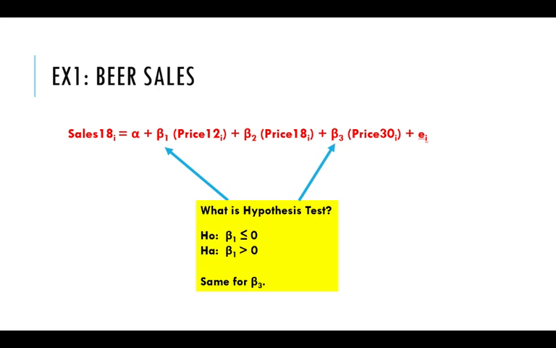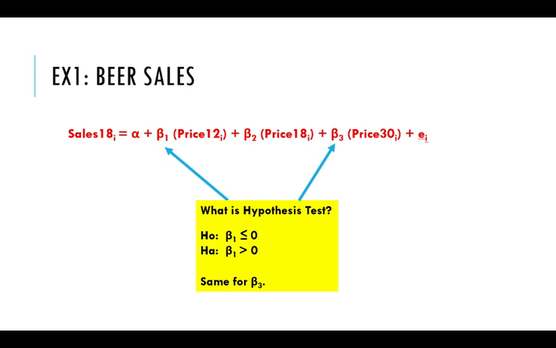So what's our hypothesis test? Again, we have a directional hypothesis, so it's a one-tailed test. Remember, the no effect goes in the null hypothesis. So if we're looking at beta 1 with the expectation that it's positive, our directional hypothesis goes in the alternate hypothesis and everything else goes in the null hypothesis.